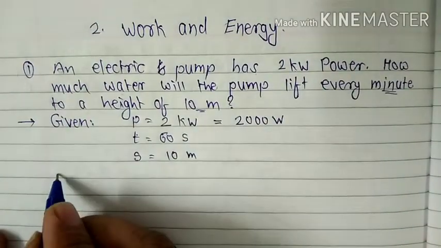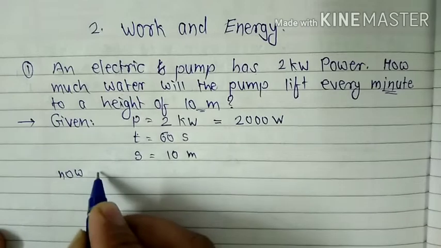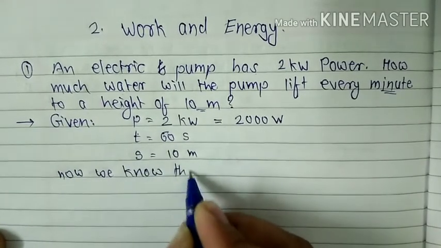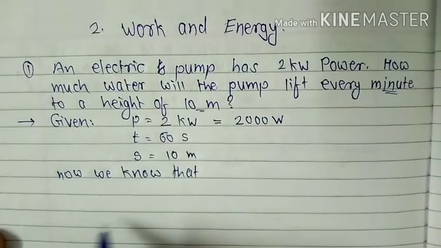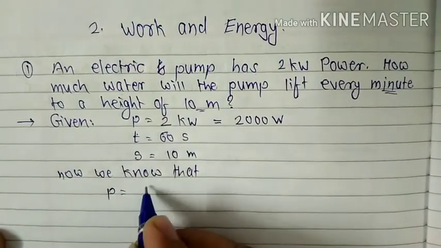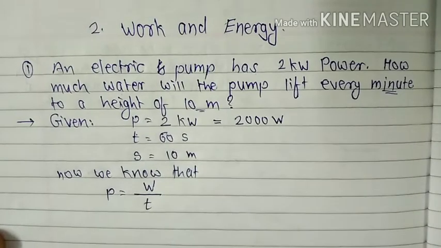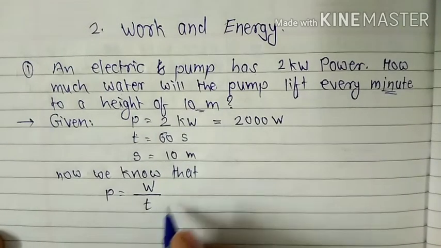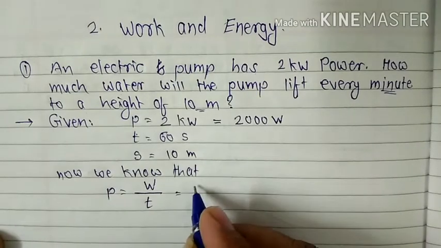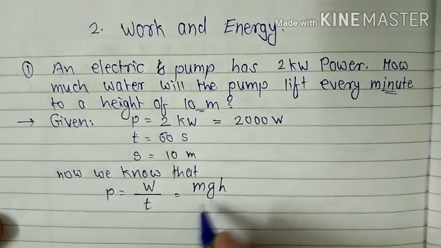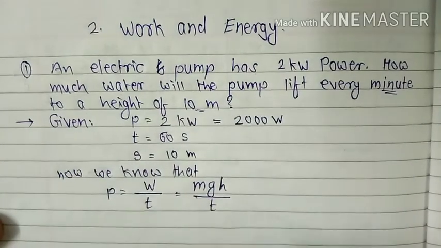Now we know that, what is the formula for the power? Power is equal to work done upon time. And work done can be measured in terms of mgh upon t.